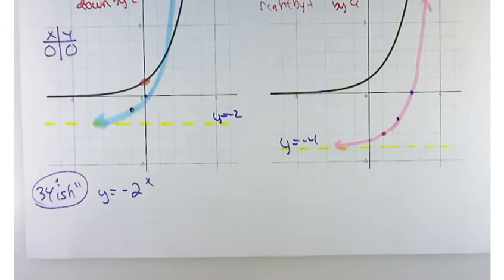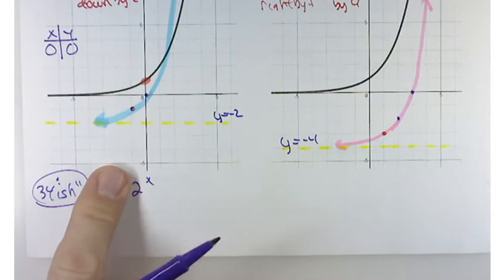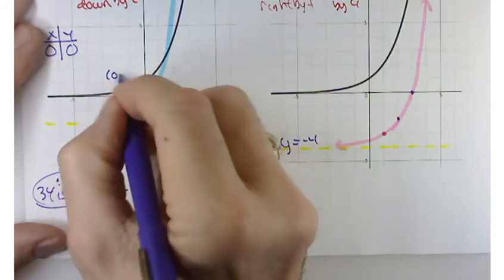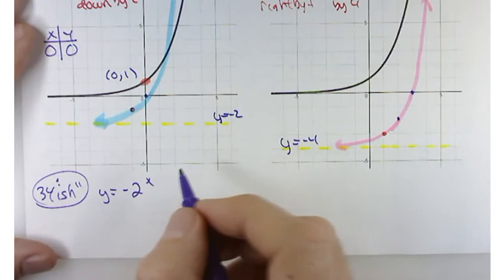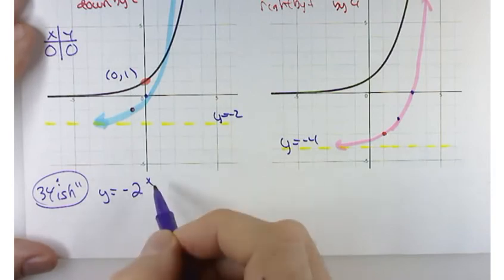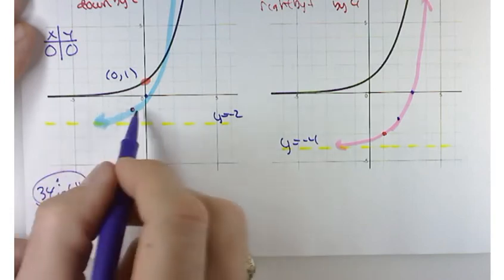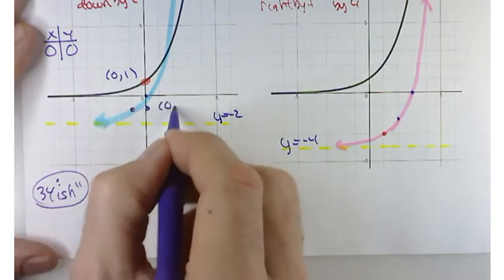Yeah, it's a good question. What's going to happen to the graph if I look at negative 2 to the x instead of 2 to the x? Yeah, it's going to flip it. So instead of opening up through the point 0, 1, where's your graph going to cross the y-axis? Any guesses? Yeah, 0, negative 1. 0, negative 1.